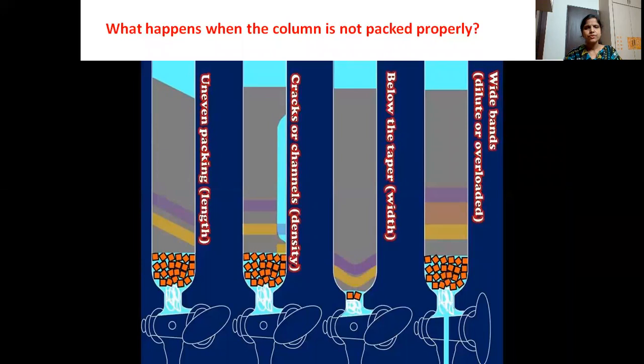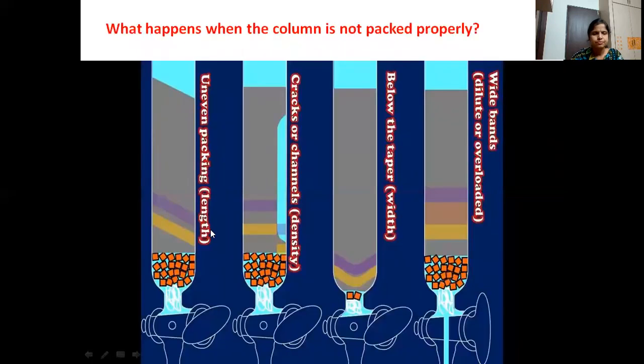Now what happens when the column is not packed properly? As we have said, the packing of the column is a very important part. When we do not pack the column properly, what happens? In the first diagram you can see it is written as uneven packing. So what does uneven packing mean?